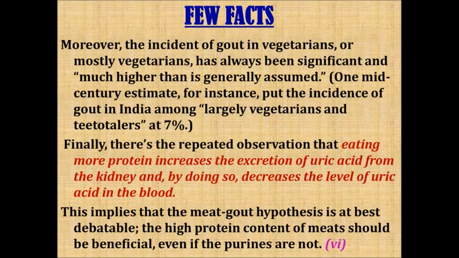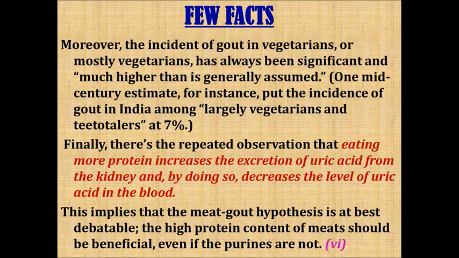Some more facts. Moreover, the incidence of gout in vegetarians, or mostly vegetarians, has always been significantly higher than is generally assumed. One mid-century estimate, for instance, put the incidence of gout in India among largely vegetarians and teetotalers at 7%.